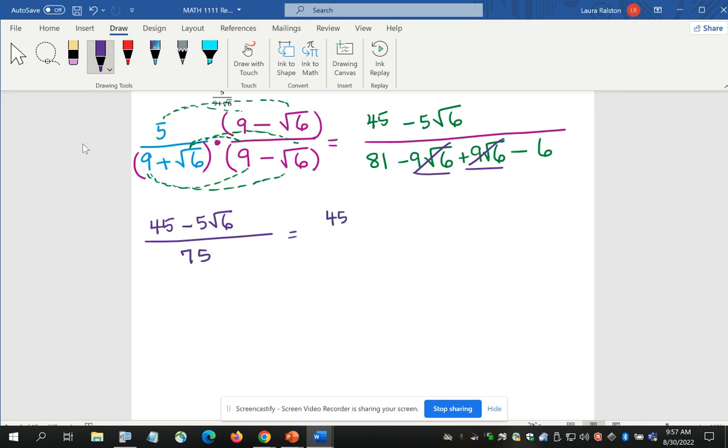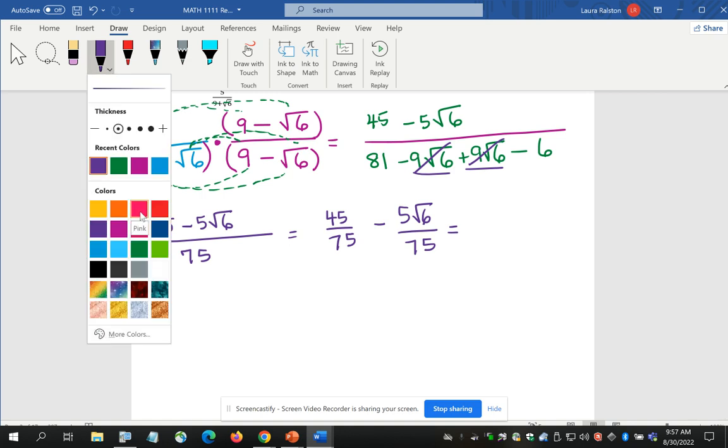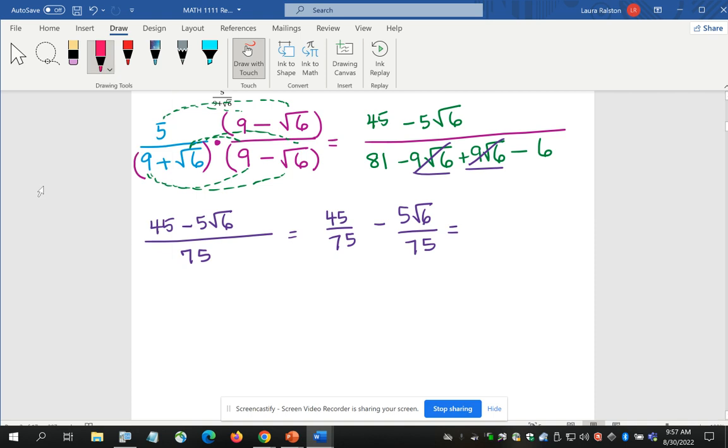I have 45 over 75 minus 5 square root 6 over 75, and I'm going to see if I'm able to simplify that any at all. Okay, so 45 and 75 will both divide by 5. 5 goes into 45 9 times. 5 goes into 75, I believe that's 15 times.